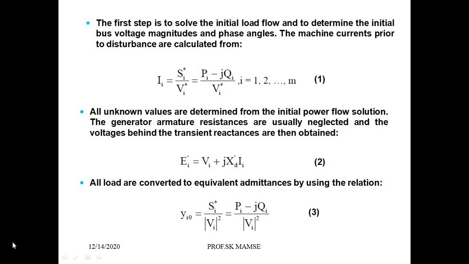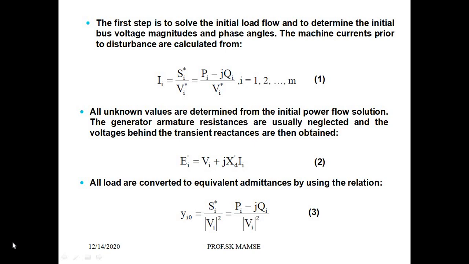All unknown values are determined from the initial power flow solution. The generator armature resistance is usually neglected and the voltage behind the transient reactance is then obtained. Then Ei is equal to Vi plus jXdi into Ii.